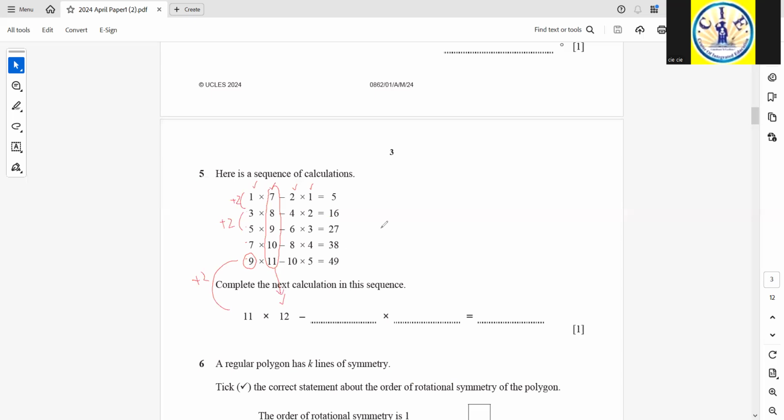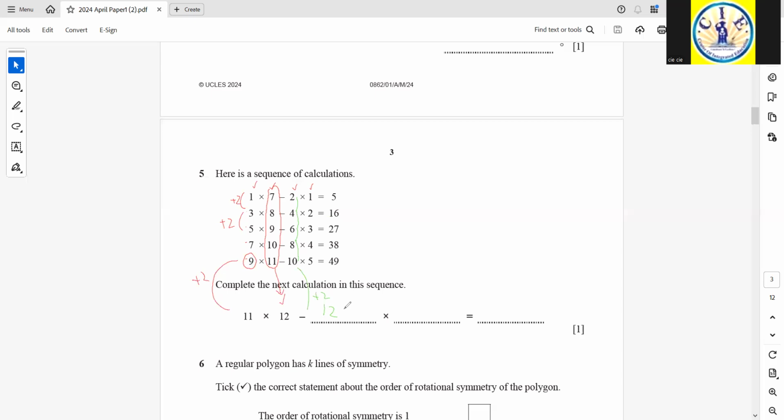Okay, then for the third place, 2 plus 2 is 4, 4 plus 2 is 6, 6 plus 2 is 8, and so on. So this is again a plus of 2. So that will be 12 here.